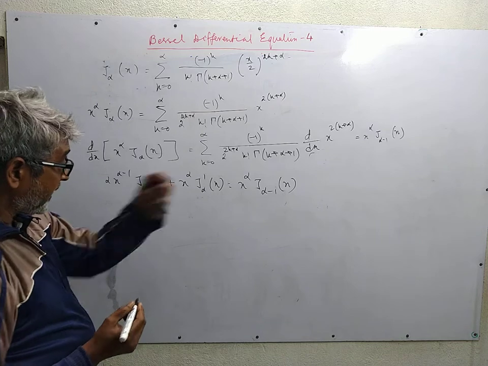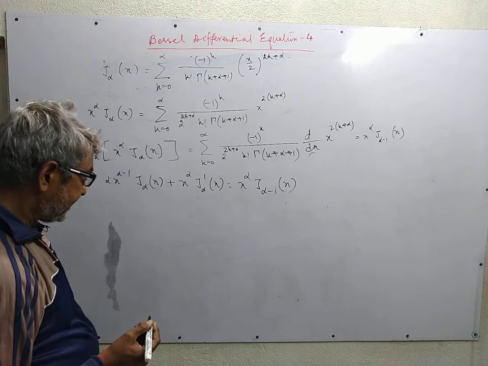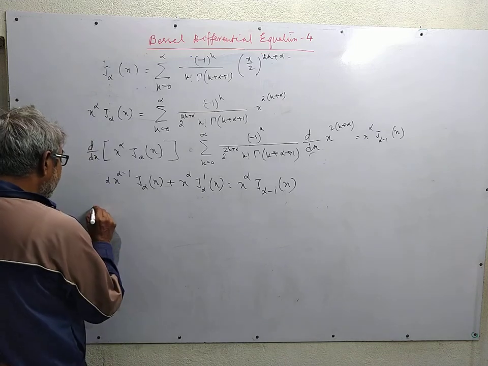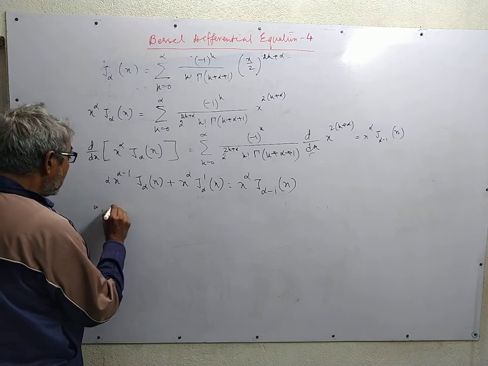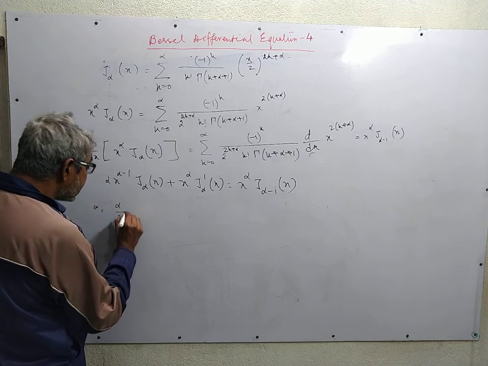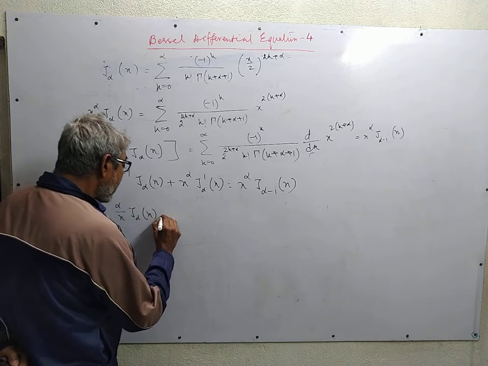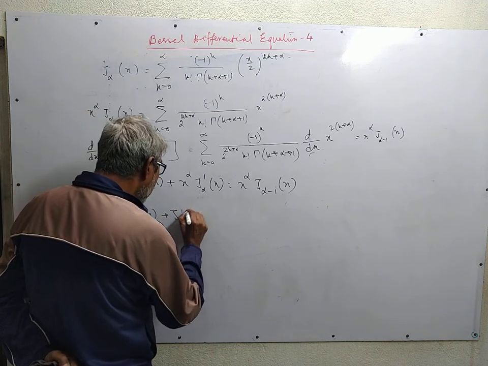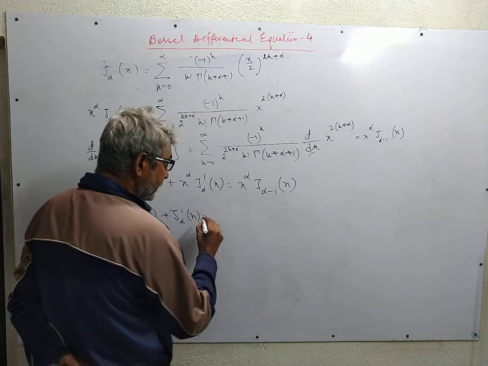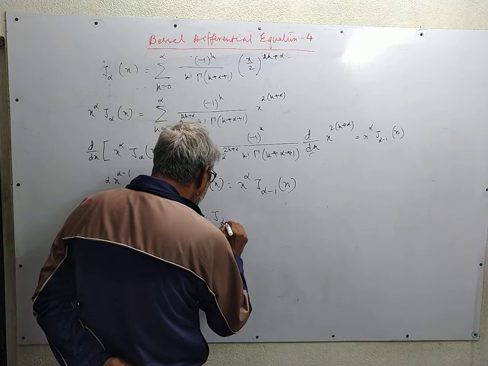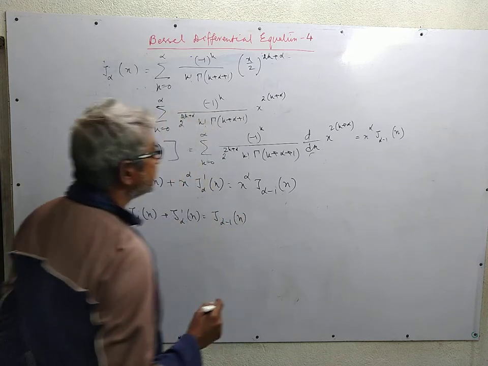Now if we divide all the sides by x to the power alpha, we get alpha by x J alpha of x plus J alpha prime of x is equal to J of alpha minus 1 of x.